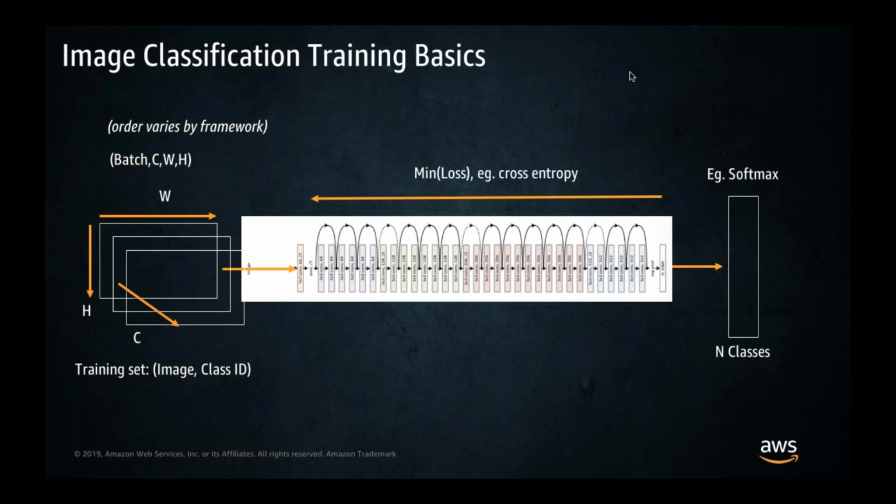Typically 3 for the RGB channels, and each image is labeled with a class ID. That's the ground truth. And typically there's a 4th dimension for the mini batch, and the order typically varies depending on the framework that you use. Most commonly, the final activation is softmax, and the network is ultimately trained to typically minimize a cross entropy.